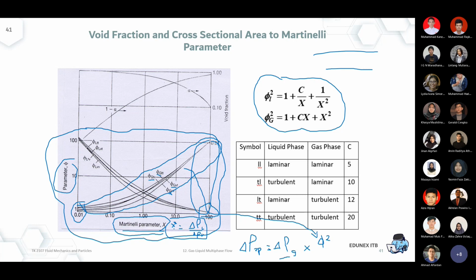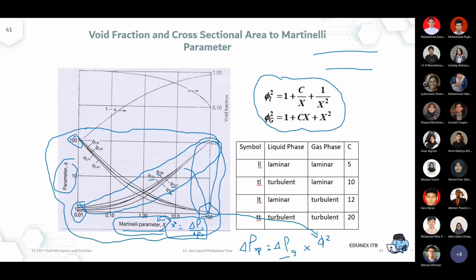Also don't forget to take the square root, as I said, because the ratio of delta P is still in square X, but in this chart you use the x, the Martinelli parameter. So if we're working towards a very high Martinelli parameter, see what's the two-phase correction factor over here. It roughly becomes 100.